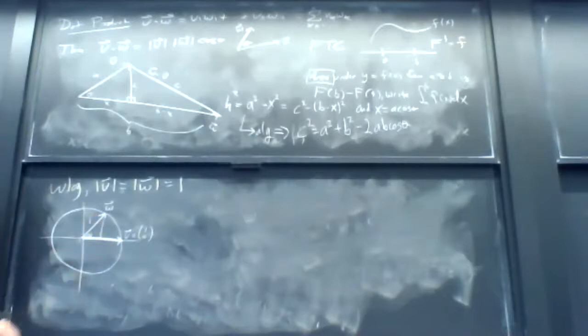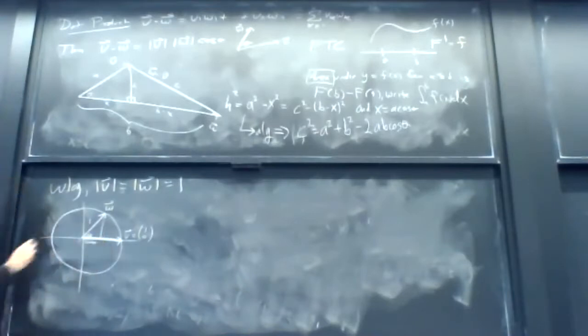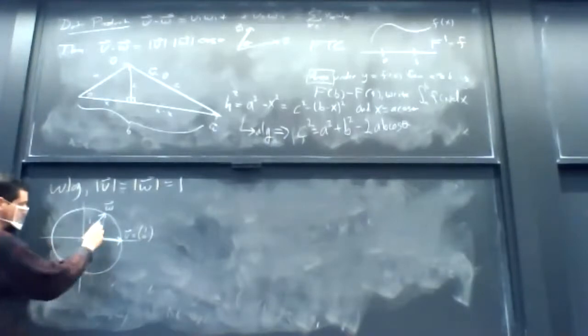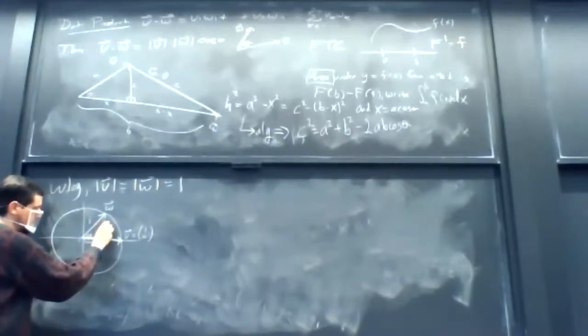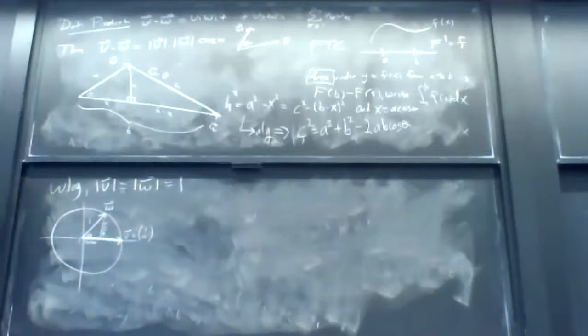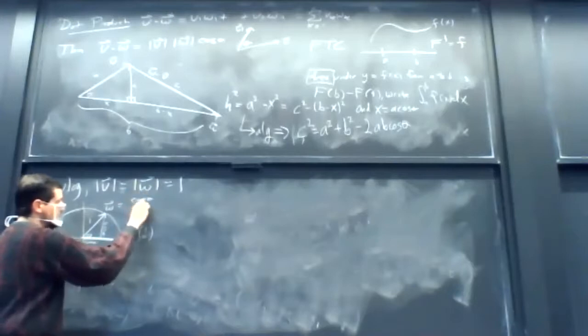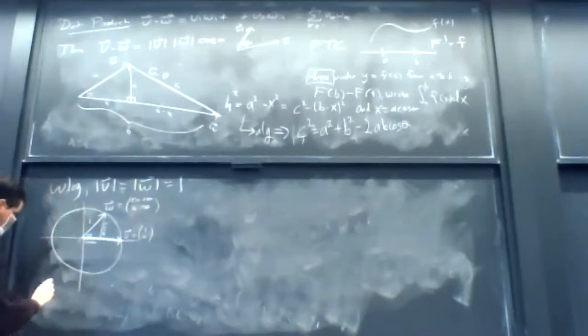Since the hypotenuse is 1, this is just going to be cosine of theta. What's the height going to be? Sine of theta. So the coordinates of W are cosine theta, sine theta.